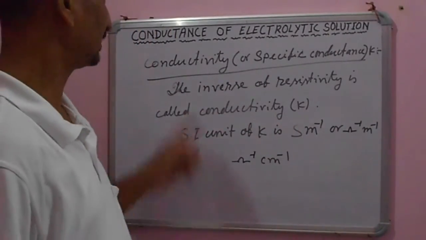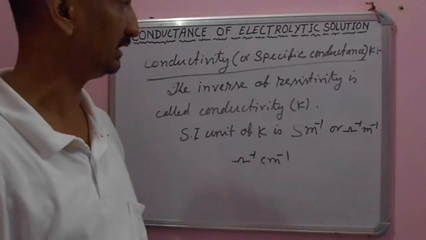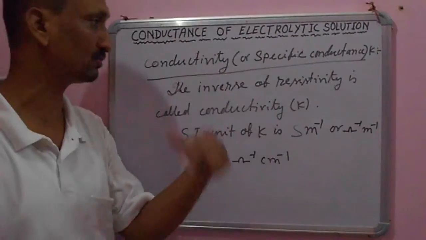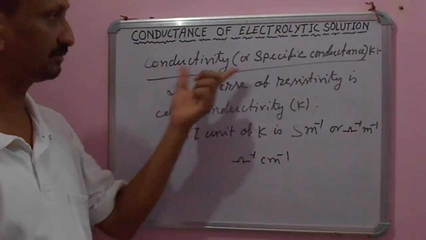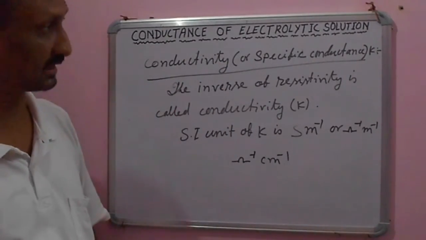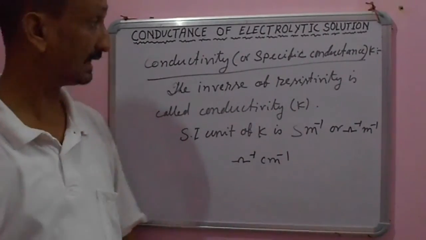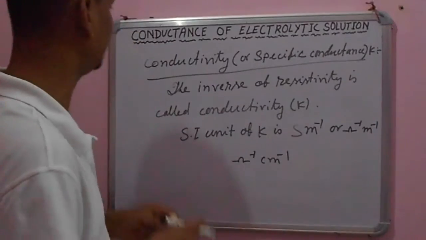But this conductivity, or specific conductivity, depends on the concentration of the solution. That means as the concentration of the solution changes, the conductivity or specific conductance also changes. So that's why you have to introduce another term, the molar conductivity.